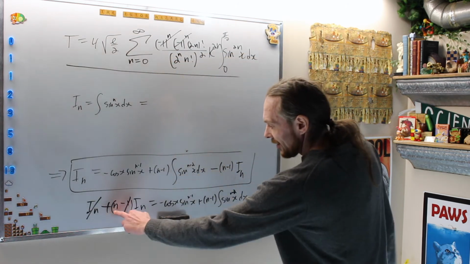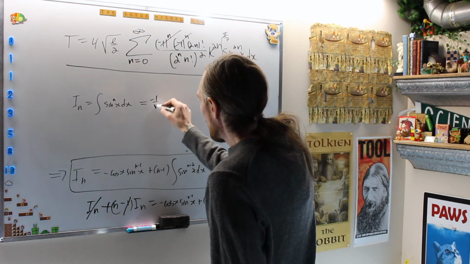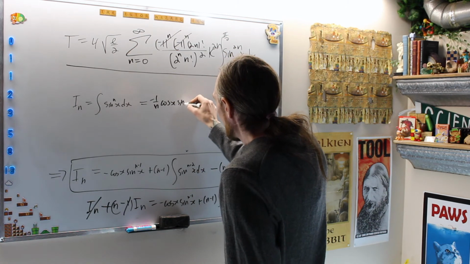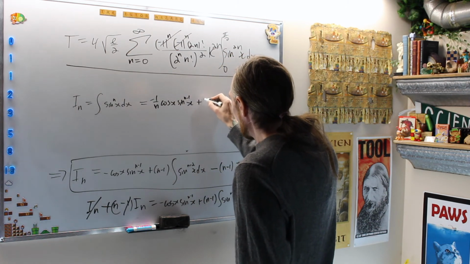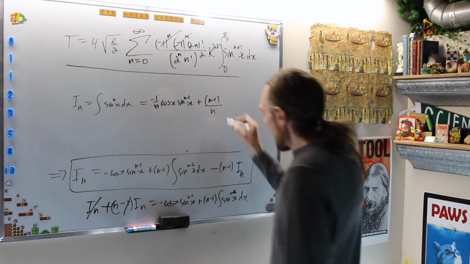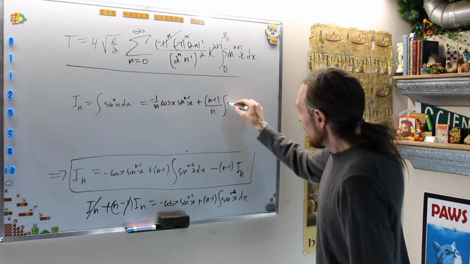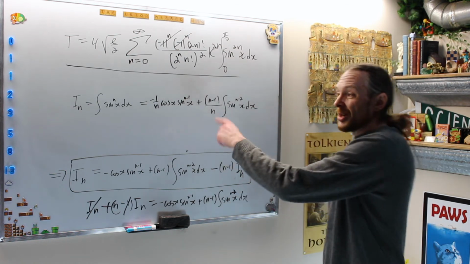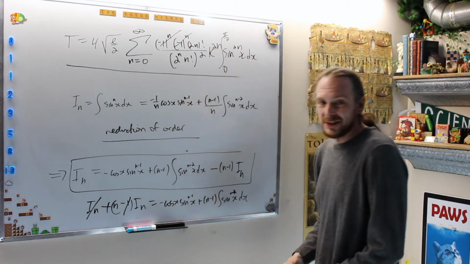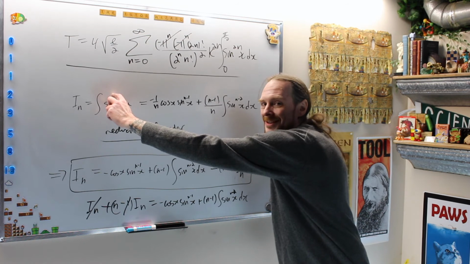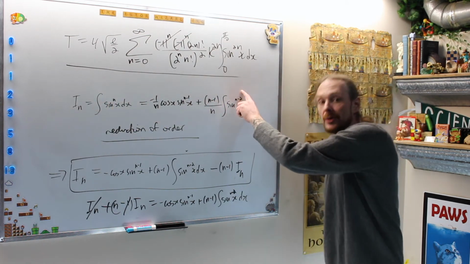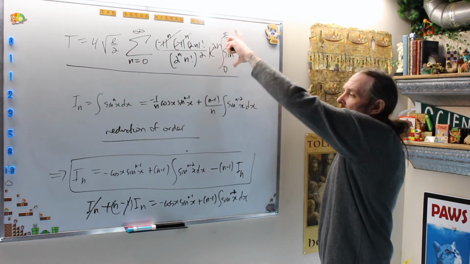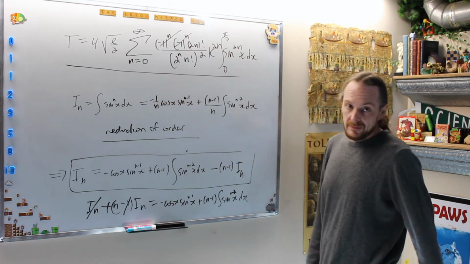Cleaning it up and dividing by n, it is negative 1 over n cos x sine^(n-1) x plus (n-1) over n times the integral of sine^(n-2) x dx. This is the reduction of order formula. What did it do? It reduces the calculation of n to n minus 2. And when you put bounds, this is going to go away and make it really slick for us.